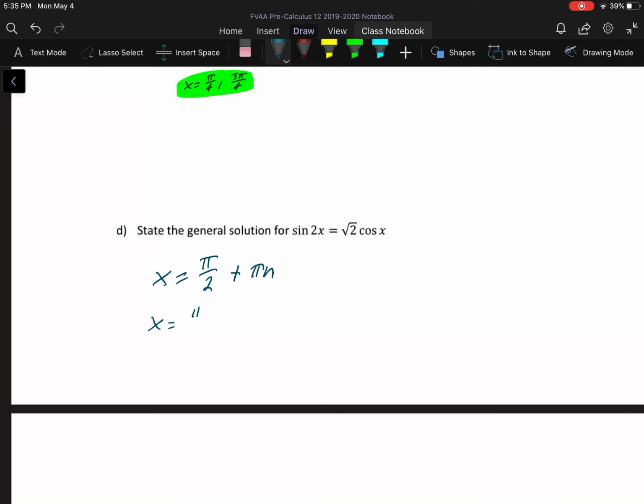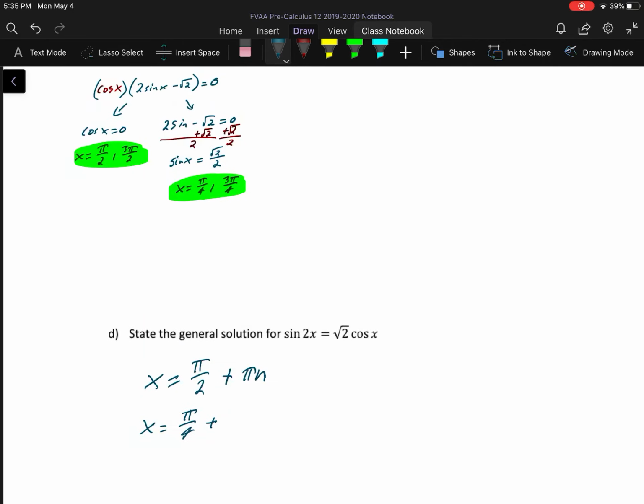Another one is pi over 4. When's the next time this happens? It happens pi over 2 later in the very next quadrant. If I put plus pi over 2 n, I would be correct for the immediate one afterwards. Pi over 4 plus pi over 2 would give me 3 pi over 4.